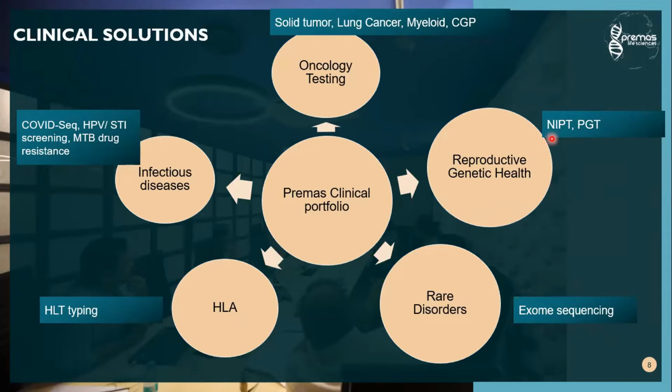It is a common blood test where you draw 10 ml of blood from a pregnant lady's arm, extract DNA and do the genetic sequencing. Usually circulating fetal DNA comes into the mother's blood, and you can screen that blood and check whether the growing baby has any genetic abnormality or not.